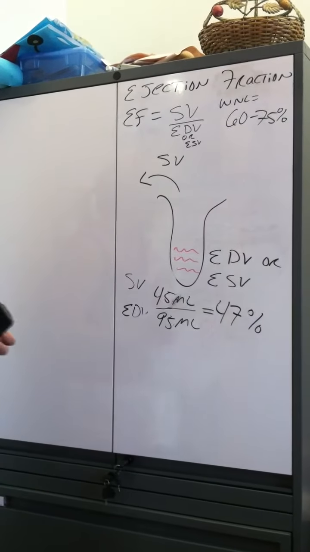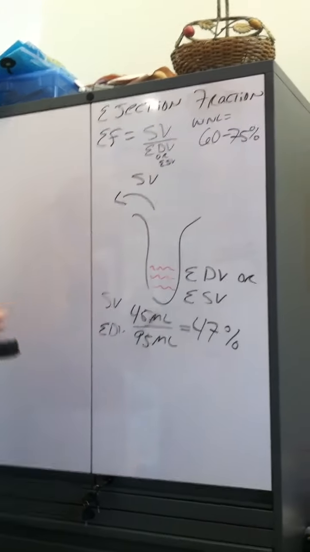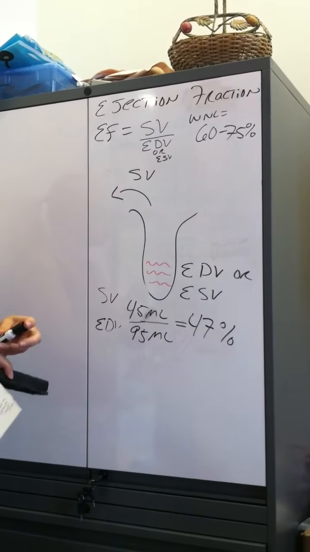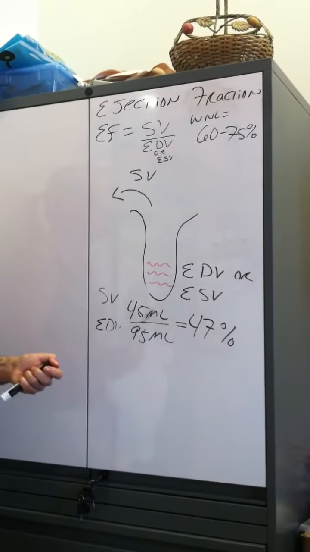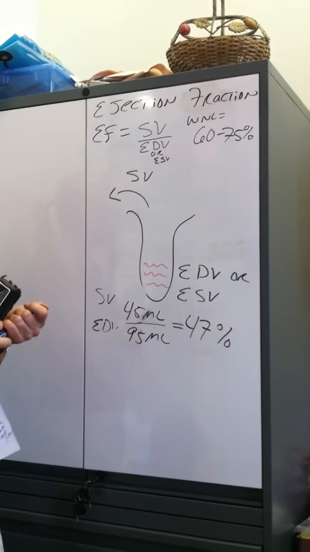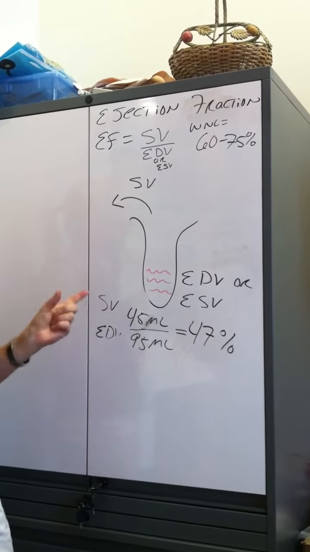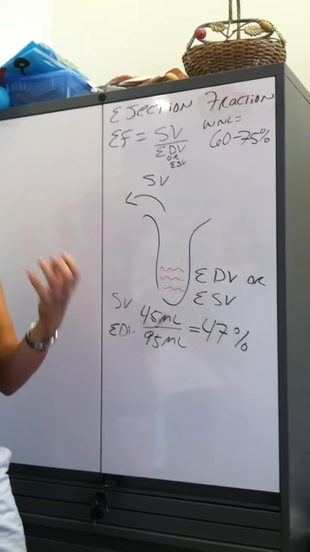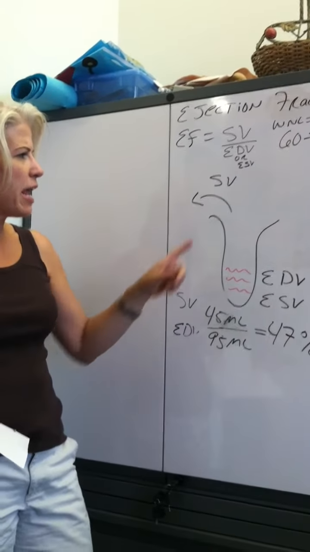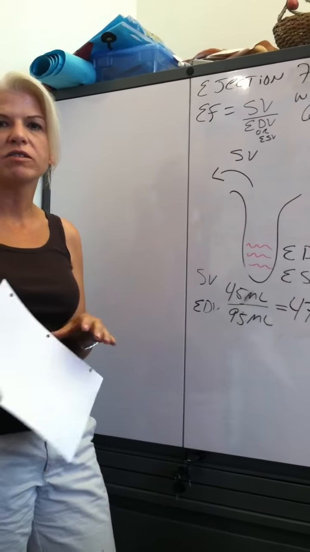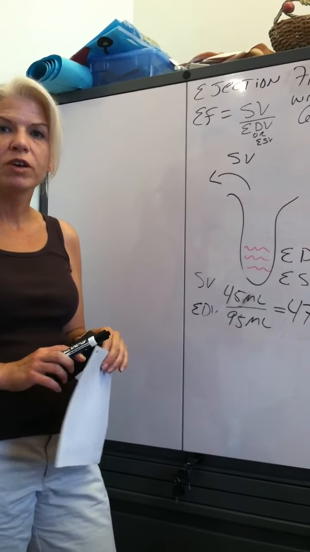What do you think might be happening that's causing less to go out and more to stay behind? Usually it can be related to heart failure. As the heart's really losing its ability to fill with blood and to contract or eject that blood out, it's losing its pumping ability, its ability to pump efficiently, and less goes out and more stays behind. And we're definitely going to revisit that concept when we talk about heart failure.